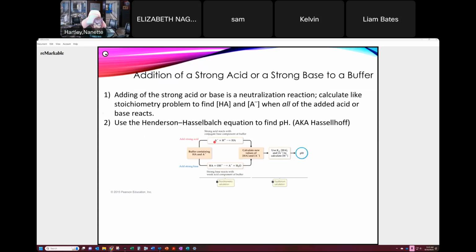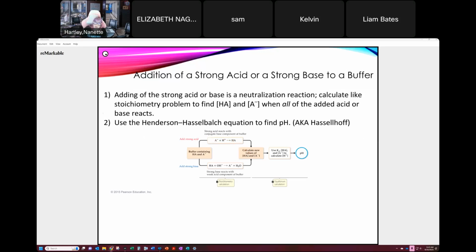If I add a strong acid to that, that gives me this component here. I take that H plus from that strong acid, it reacts with the A minus to give me back that HA. I will then calculate the new values of HA and A minus. That has to be done in terms of moles. Once we've done that calculation and we have the moles, we divide by the total volume to get a molarity, and then we can use the Henderson-Hasselbalch equation to find our pH.